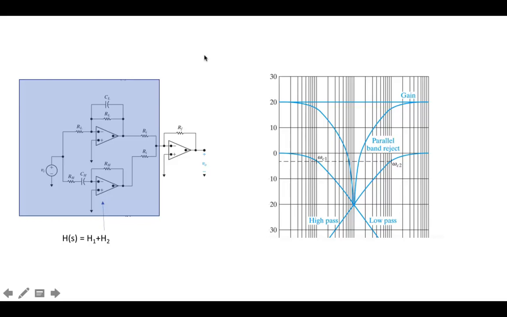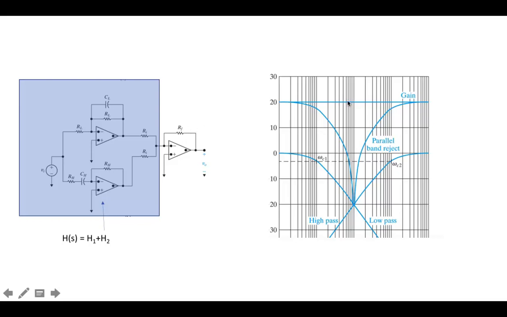In this particular example, the feedback to input ratio was set to be 10. And so the gain illustrates in dB the ratio of RF over RI. So it would be 20 log RF over RI in dB. In this particular example, that turns out to be 20. You could set it to be anything.